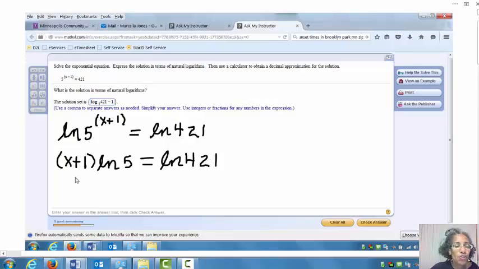And now I'm going to use the distributive property, and I'm going to multiply x times the natural log of 5 and add to that 1 times the natural log of 5, which is just the natural log of 5.